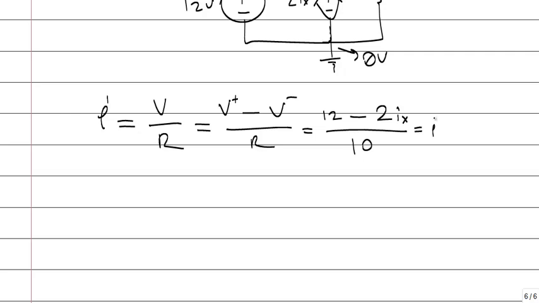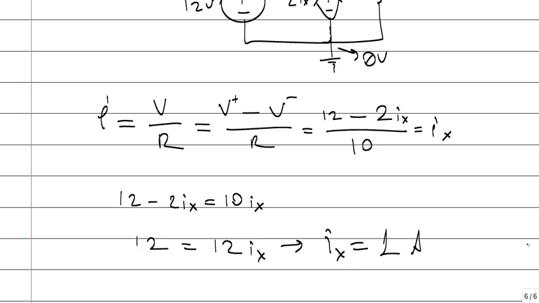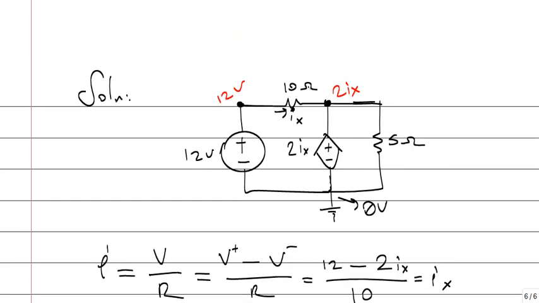This is Ix. So 12 minus 2Ix is 10Ix, so 12 is 12Ix. Ix is 1 amp. This is ohm, this is volts. That's important, units and scales.